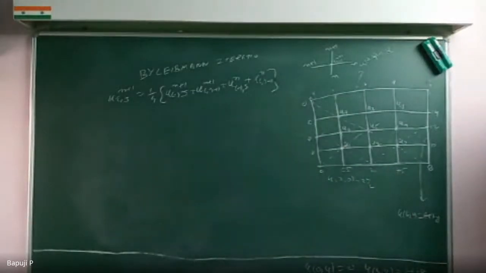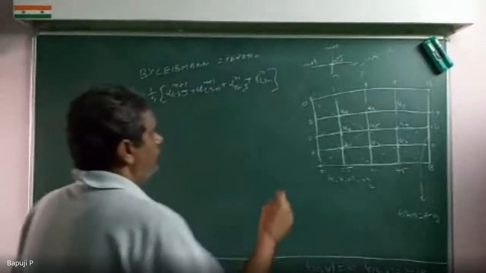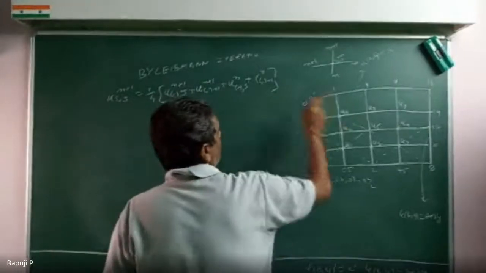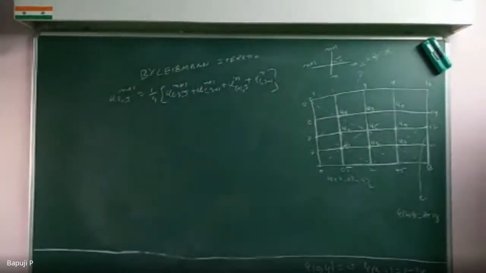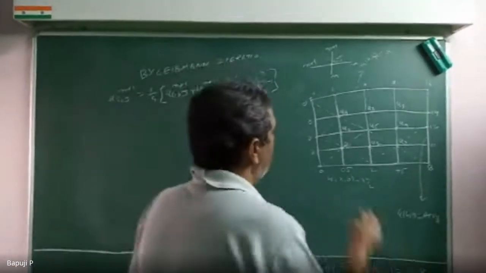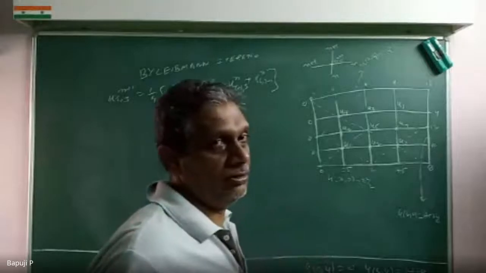Now right. I want to find u9 of n plus 1. How can you write it? Tell me, using the Liebmann formula. u9 of n plus 1, what will you get? 0, u1 of n plus 1 position. Boundary conditions are always the same, you don't change them.